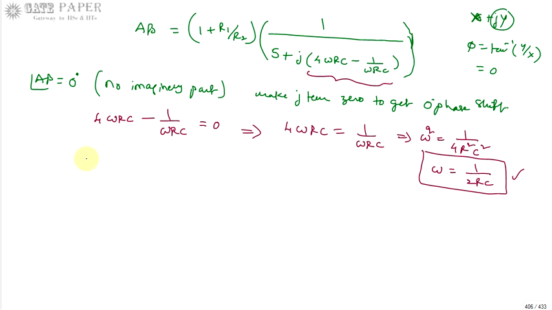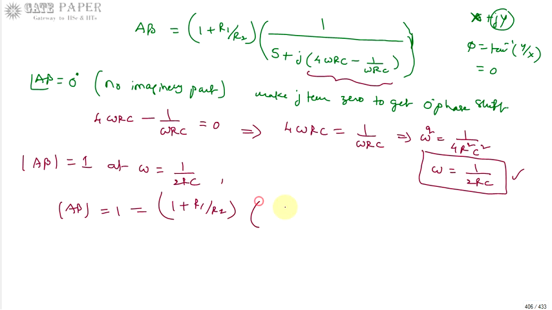Next, at this frequency, which you calculated by making the imaginary term 0, if you use omega as this value in the A beta equation, the j term will definitely be 0. Now the condition for oscillations can be calculated from the magnitude criteria. At omega equal to 1 by 2RC, A beta is equal to 1. That means 1 plus R1 by R2 times 1 by 5 plus j0.